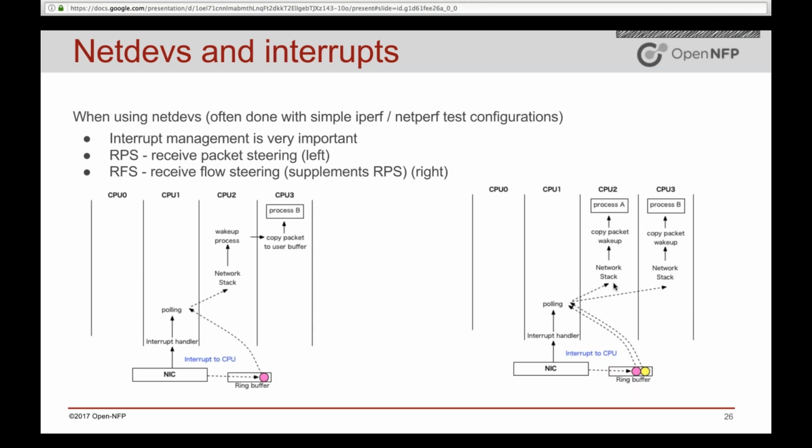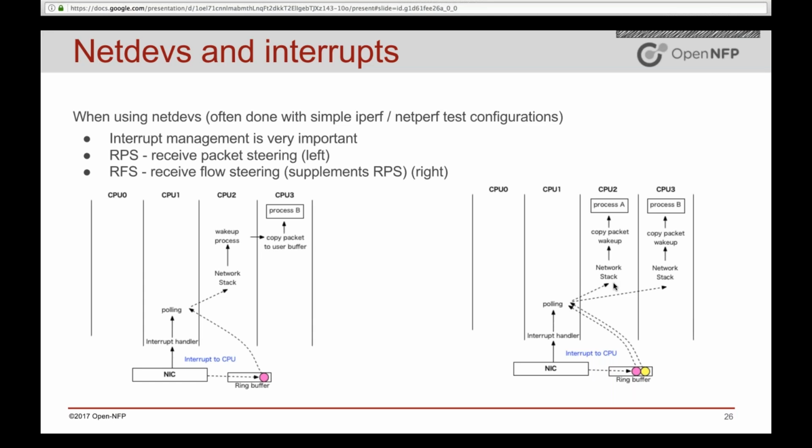Now, while this all sounds like it might be a small amount of overhead, when you get to handling large data rates with iPerf-type traffic generators, these can have a dramatic impact on the amount of throughput that you get, because the handoff between CPUs and the control of which CPUs get what becomes very important.